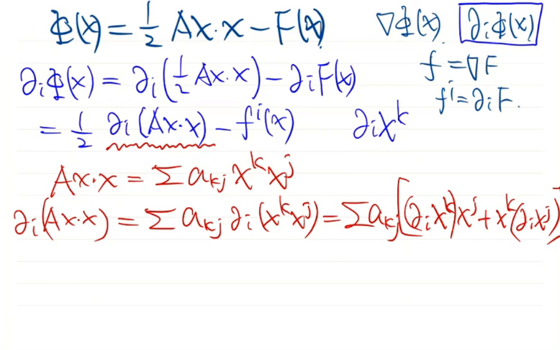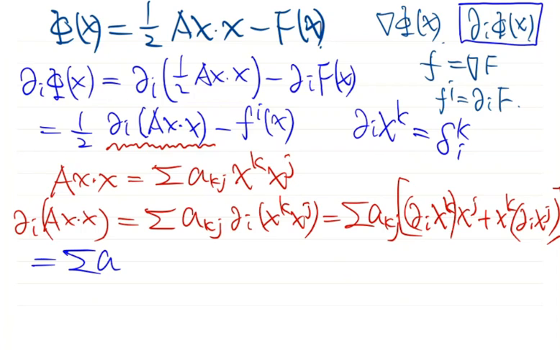If k is i, then the derivative is 1. Otherwise, it's 0. Therefore, this is delta_ki. The Kronecker symbol delta_ki means that if i equals k, then it's 1. Otherwise, it's 0.